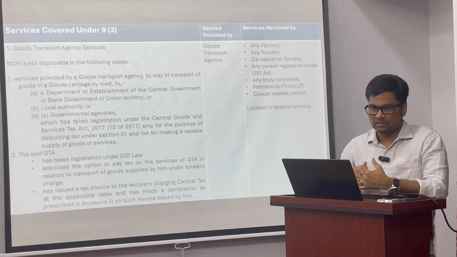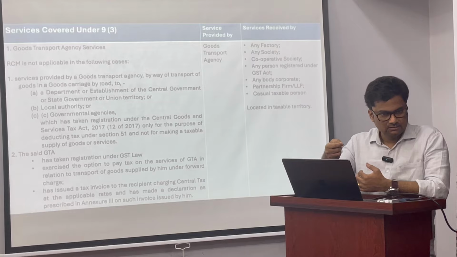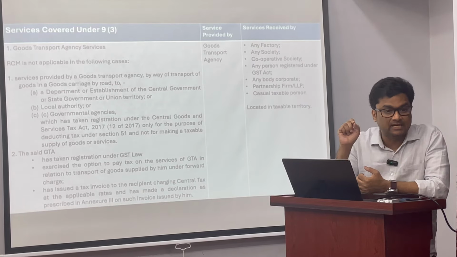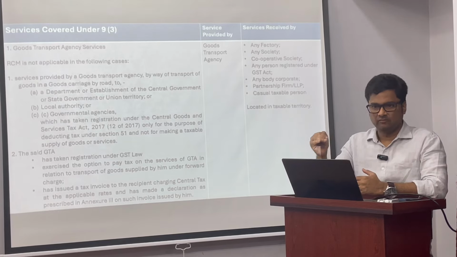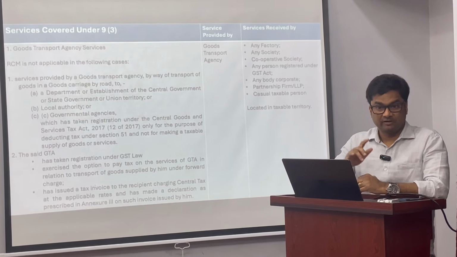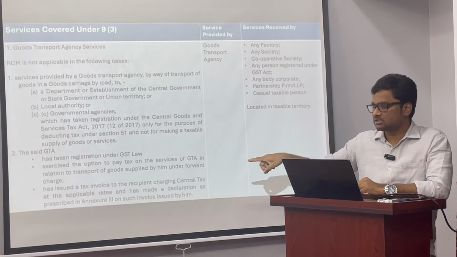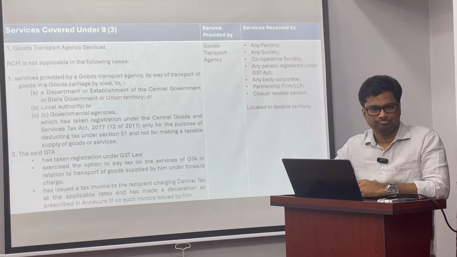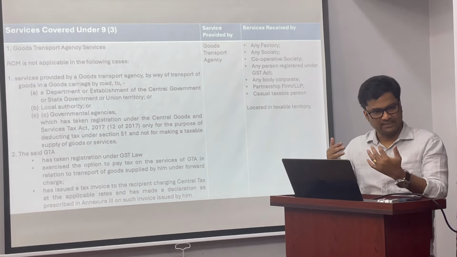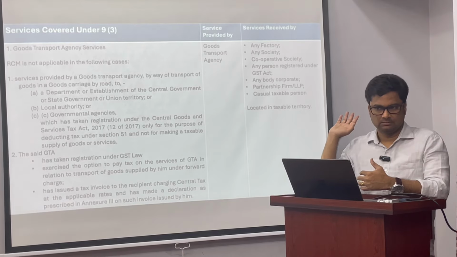Whatever bill I submit, they will deduct 2% GST TDS, 1% CGST, 1% SGST. But for that deduction, they have to register under section 51. So they deduct and pay it into my account.